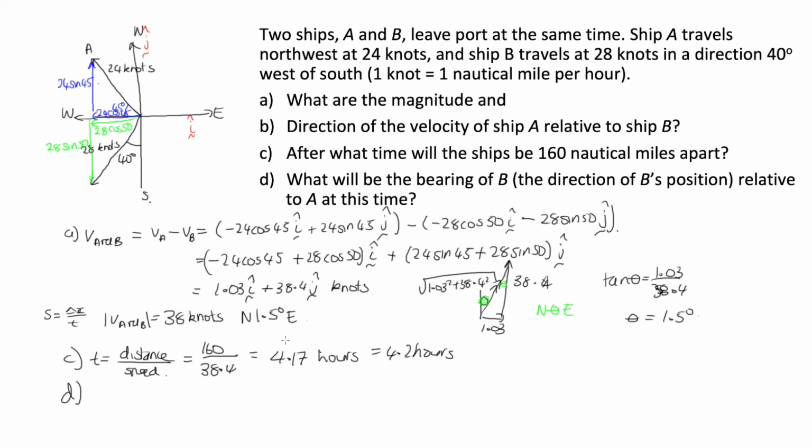Now we're considering, what happens if we are A and we're measuring B? So this actually makes an angle of 180 degrees with this one. It's like the opposite. So the answer to this one is south 1.5 degrees west, i.e. in the absolutely opposite direction.